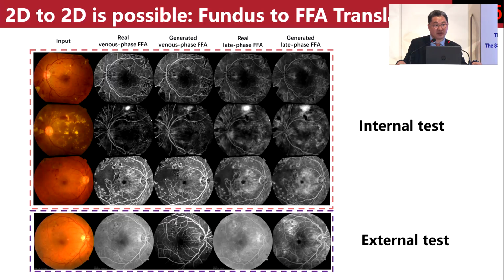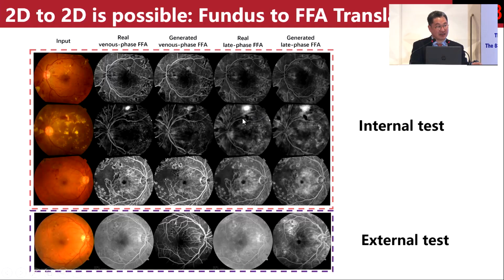This is one experiment where we demonstrate that we can translate a full color fundus photo to fluorescein angiography. As you can see from these images, this is a diabetic patient. In the generated late phase FFA, you can see the neovascularization leaking, which is very consistent with the real FFA.